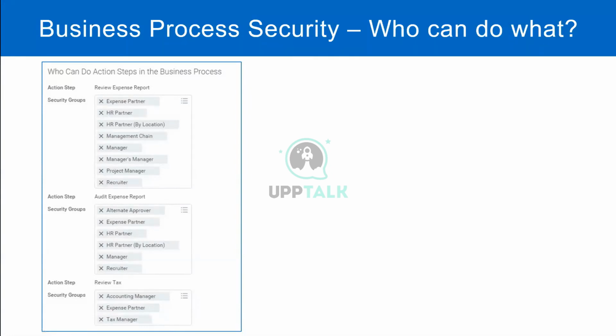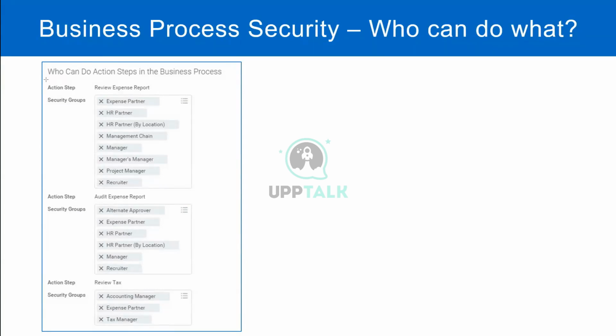So where do we define that? Let me ask you in this way. Where do we define who gets to approve the expense report request? Which section of Workday talks about the sequence of steps that need to happen to achieve a business process? The business process, right? It needs to be defined in the business process.